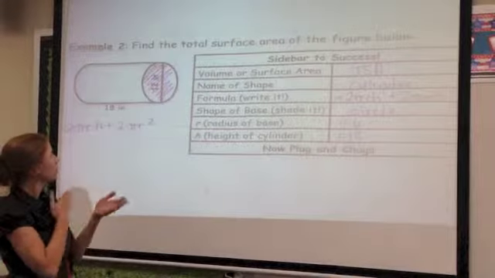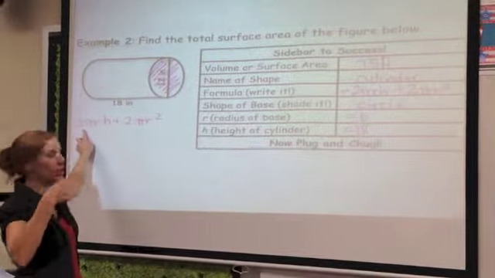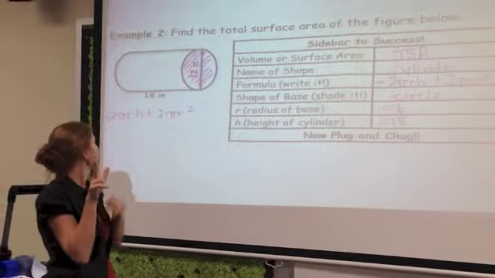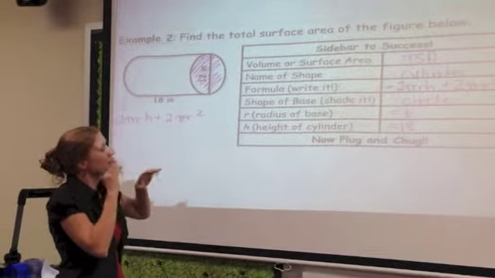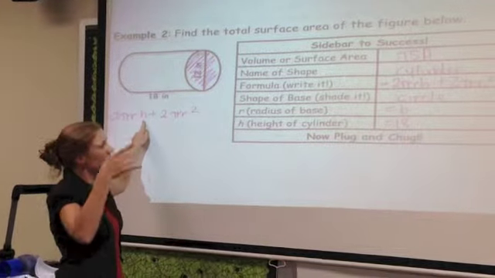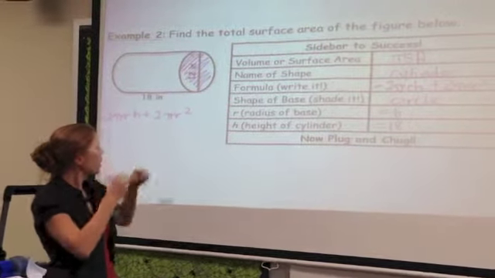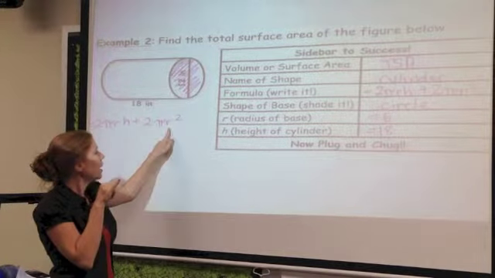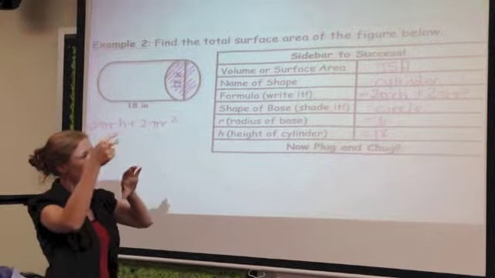Now I'm ready to plug in my numbers. So I'm going to put down 2 times pi. Remember, we're using 3. My radius is 6 times the height of 18. Plus 2 times 3 again for pi. And then the radius squared.